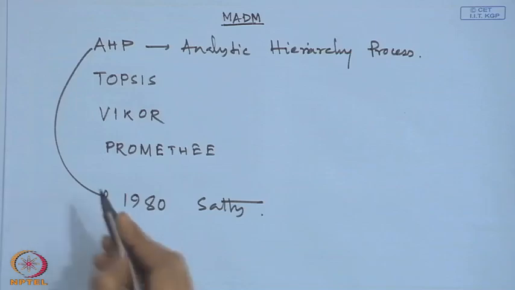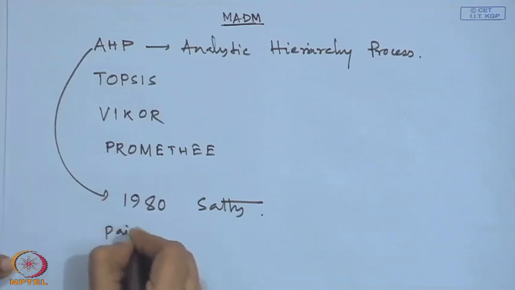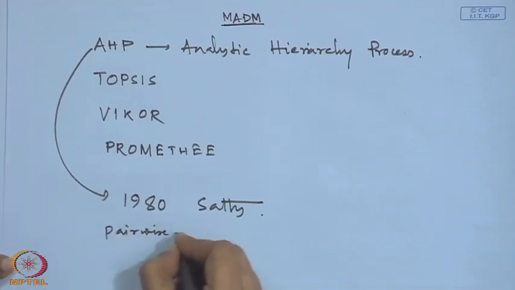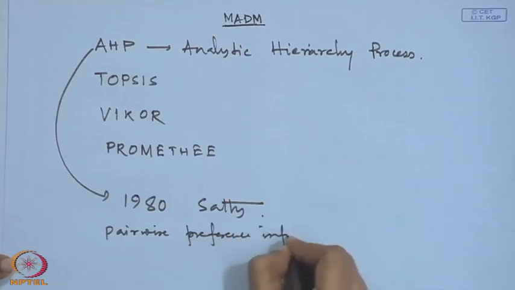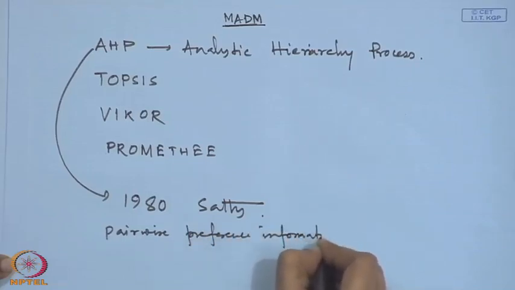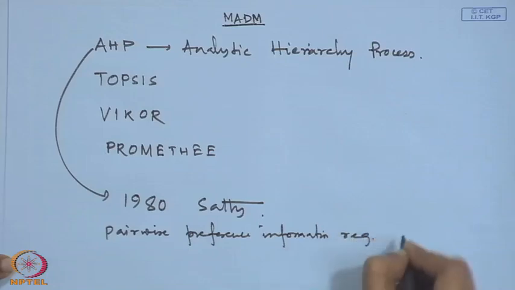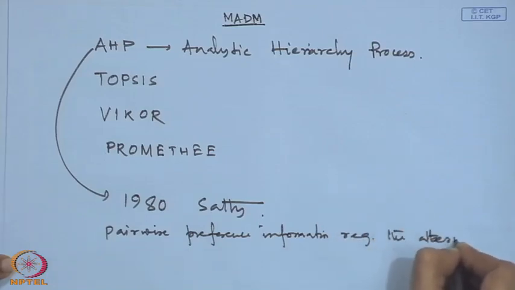In the analytic hierarchy process, we are considering the pairwise preference information regarding the alternatives against a specific criteria.